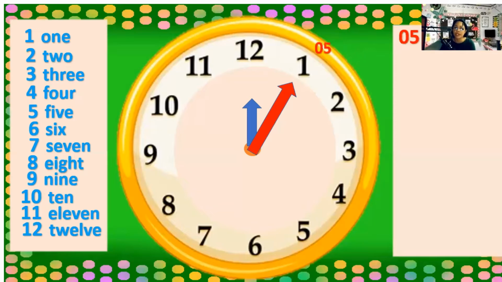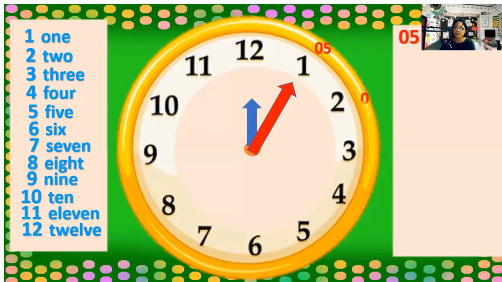Now, on your right, the red font is the counting of minutes. Every number, we add 5 to it. So the first minute is 5.